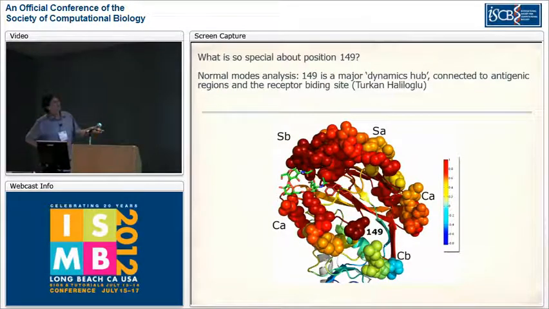In red, which is the scale bar for the correlation, you see that it correlates with and controls the motion in the antigenic sites and also in residues that are in direct contact with the sialic acid receptor. So it seems to control the motion, and that could explain the importance of this residue and why a minor substitution such as arginine to lysine can cause so much difference in the phenotype.